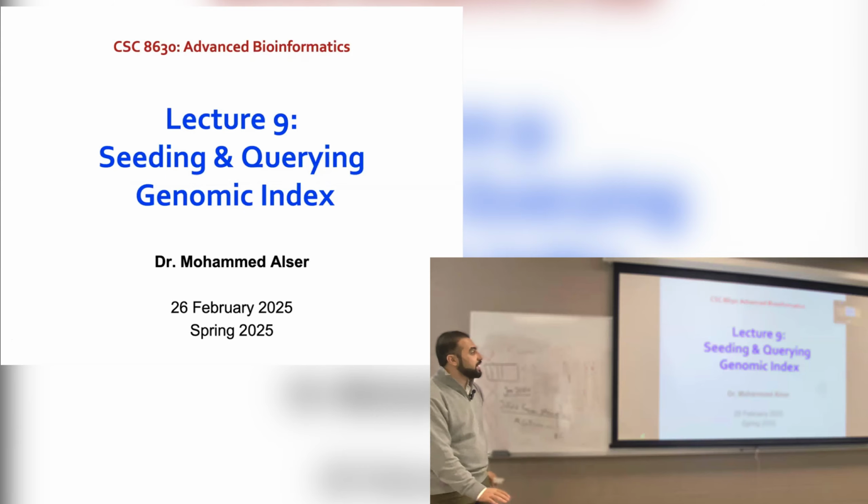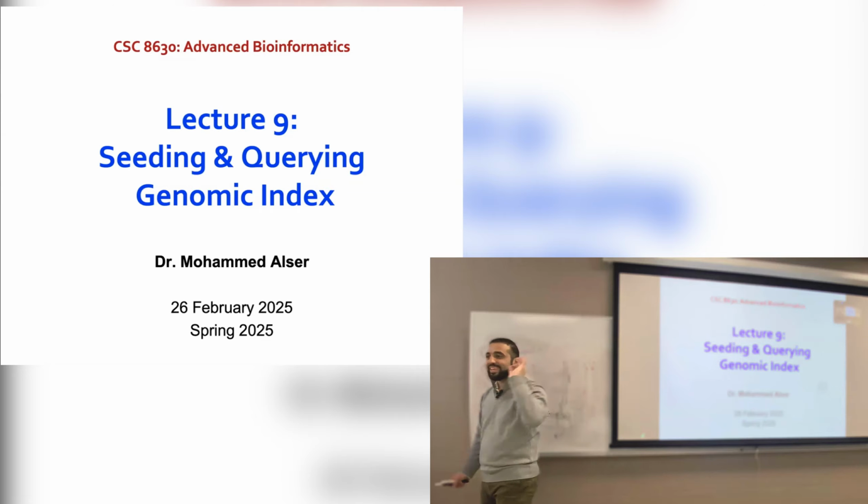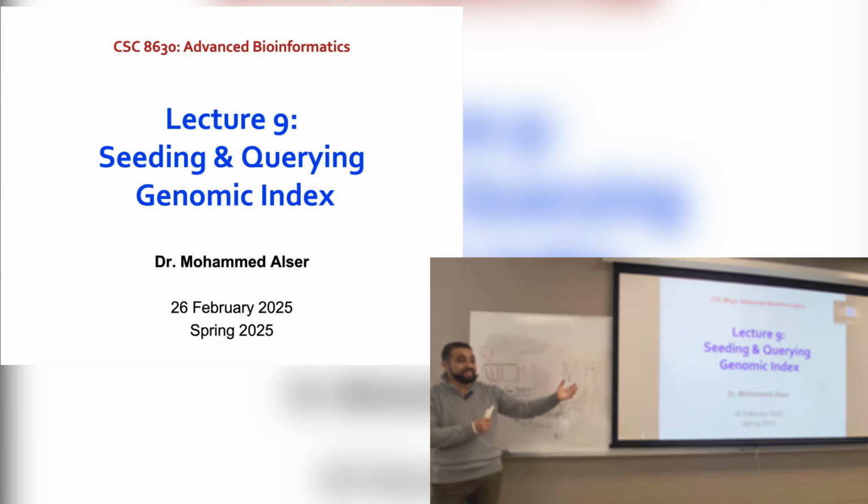That's the end of today's lecture. Hopefully, we covered some of the aspects that you really need related to seeding and querying. Seeding, we didn't cover much because it's the exact same thing as indexing. The exact same algorithm you would use in indexing, you would use with seeding, right?